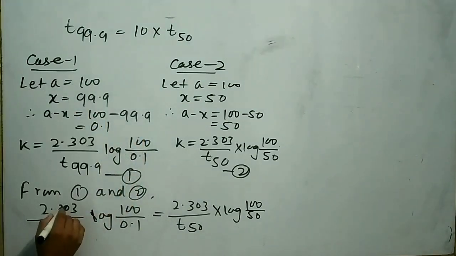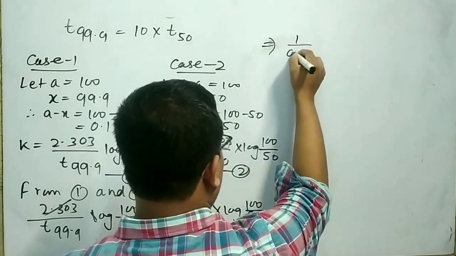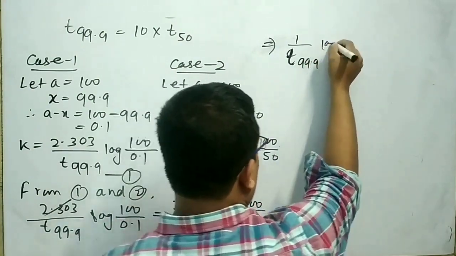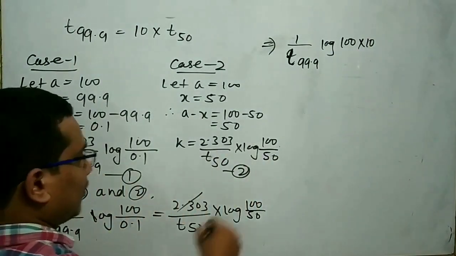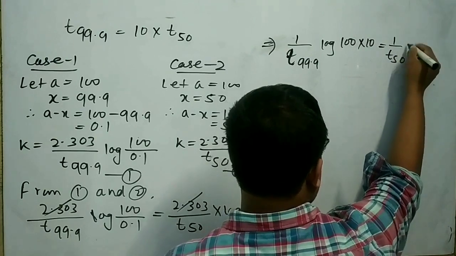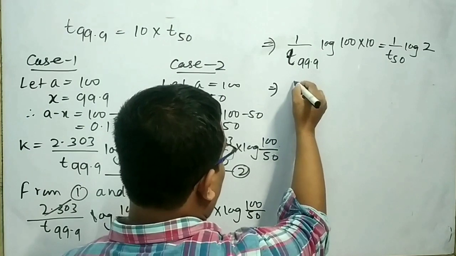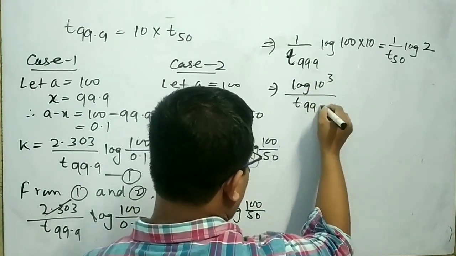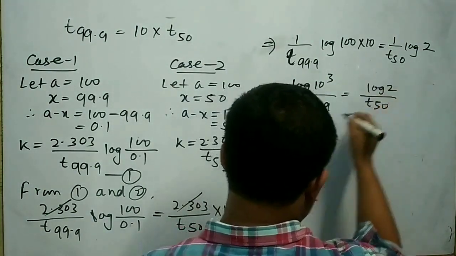Here cancel 2.303. Next I will write 1 by T99.9 log of 100 into 10 is equal to 1 by T50 log of 2. Next I will write log of 10 to the power 3 divided by T99.9 equal to log 2 divided by T50.